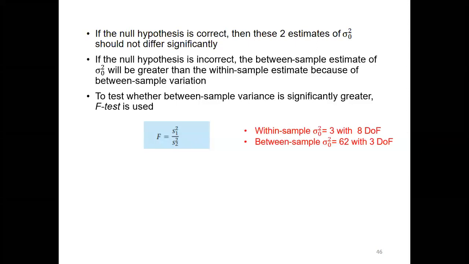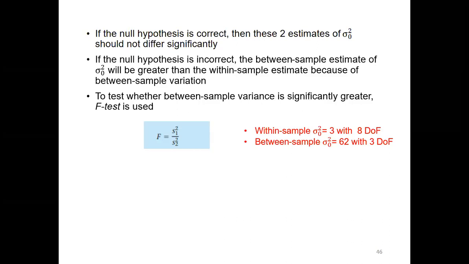Now, within sample variance equals 3 with 8 degrees of freedom, and between sample variance equals 62 with 3 degrees of freedom. That is what we calculated. Now we substitute those variance values here.